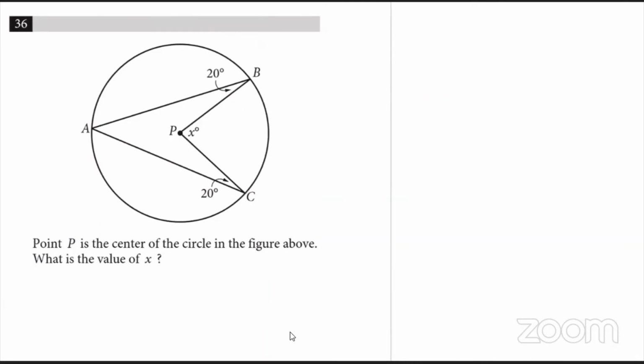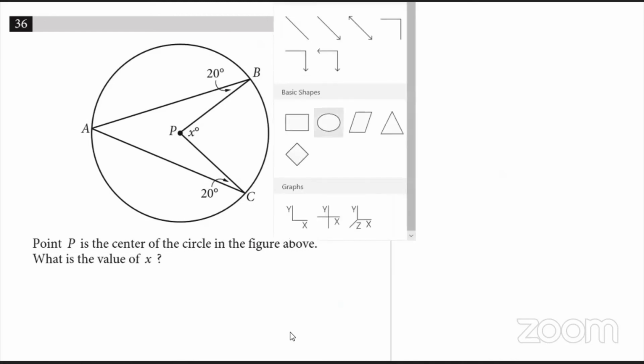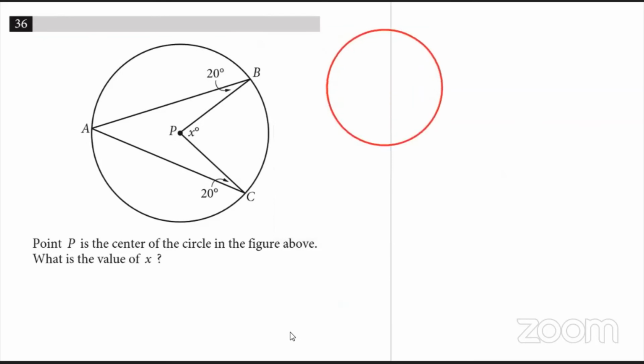36 is telling us that we have 20 degrees here and 20 degrees here. And there are maybe a couple of ways to deal with this question. But one way would be to see it in terms of inscribed angles.